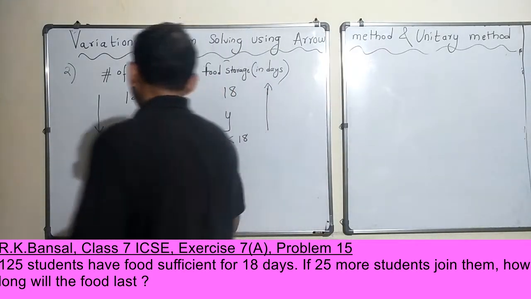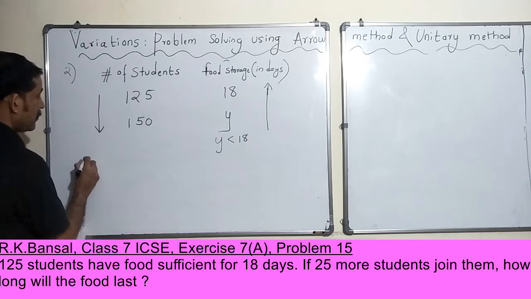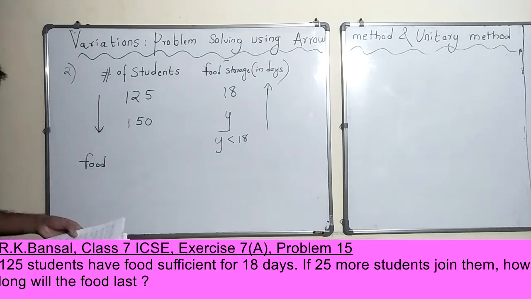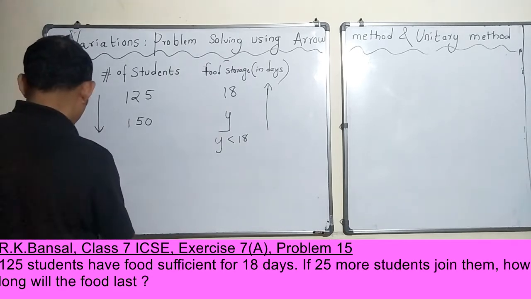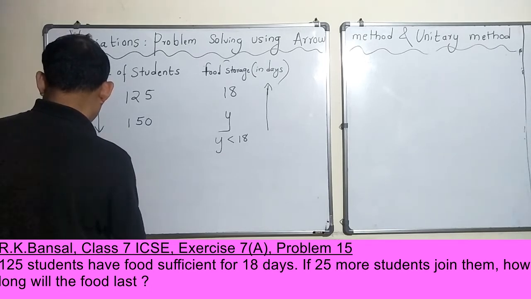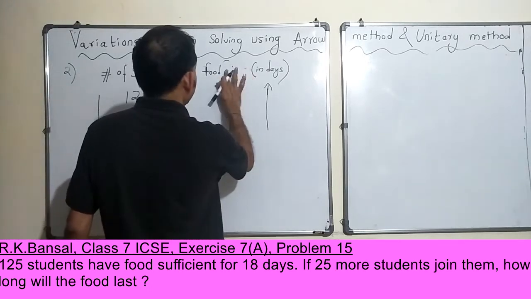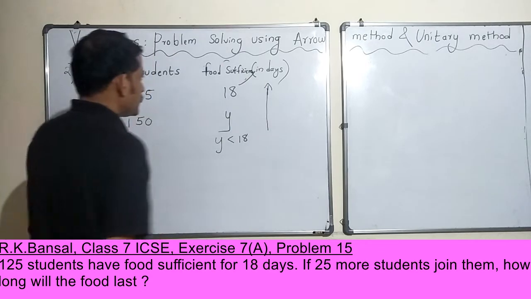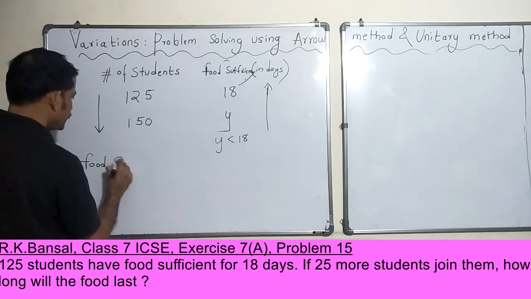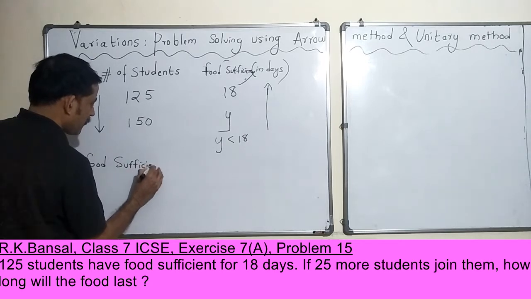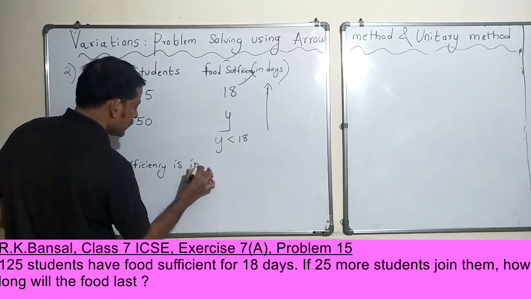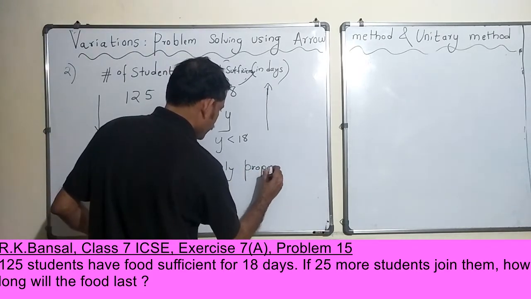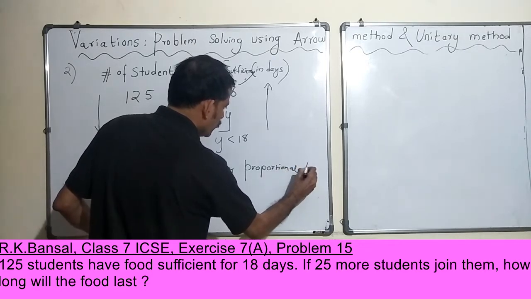Now this is a case of inverse proportion. Food sufficiency in days, okay, that's a better word, is inversely proportional to student count.